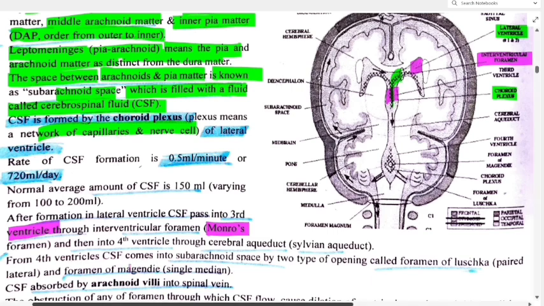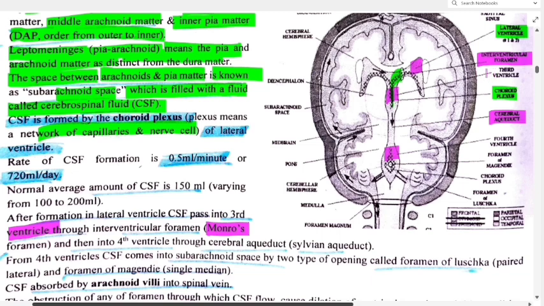Then into fourth ventricle through cerebral aqueduct, also called Sylvian aqueduct. See, where it is cerebral aqueduct, it is written here. See, cerebral aqueduct. Now it is coming to fourth ventricle. Where it is fourth ventricle? This is the fourth ventricle. Can you link now? See, this is the foramen, right? Through which it is reaching to the ventricles.